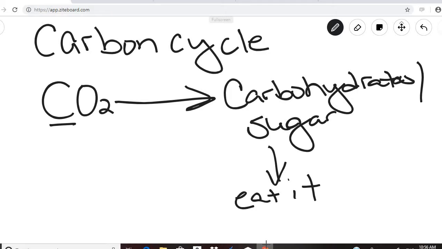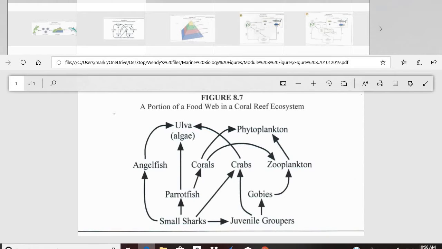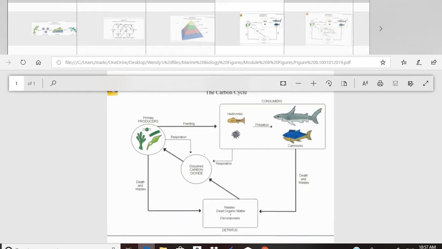And then how does it all get returned back to the system? Well, remember, there are also decomposers in this system that take waste or dead things, and they recycle that carbon back to CO2. So let's look. I want to look at a picture of the carbon cycle that shows all this.